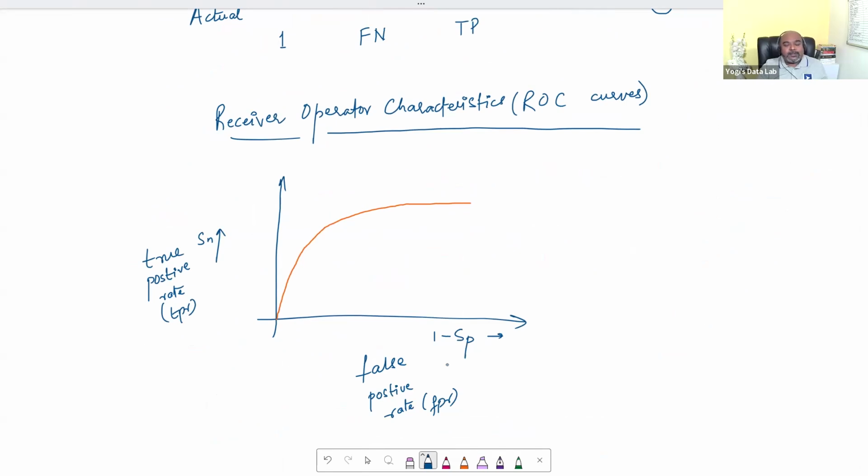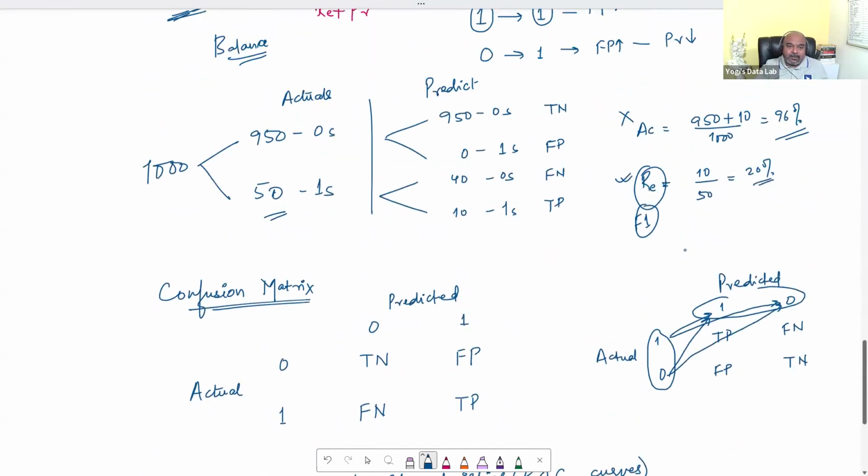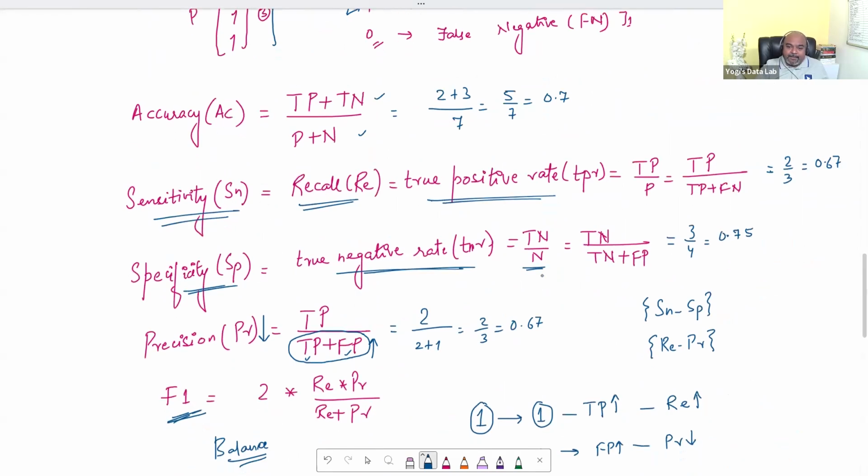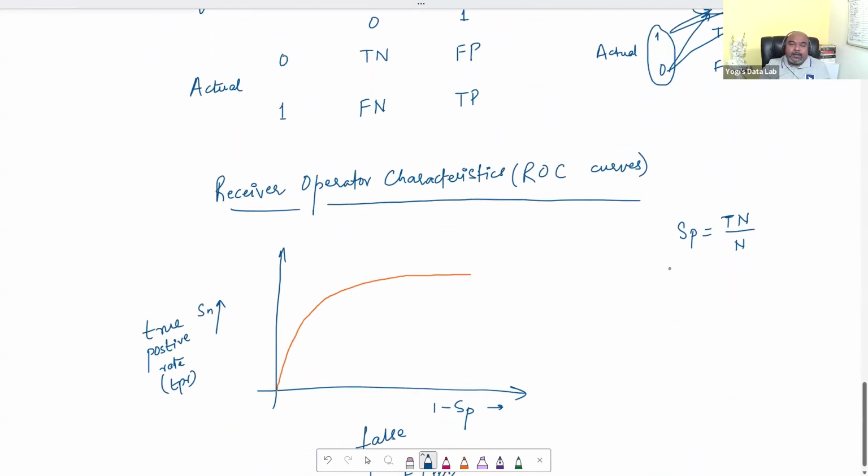Why 1 minus specificity? If I look at the formula of specificity, it is TN by N, which is true negative rate, right? Now, when I talk about this TN by N and I do 1 minus specificity, what will I get?